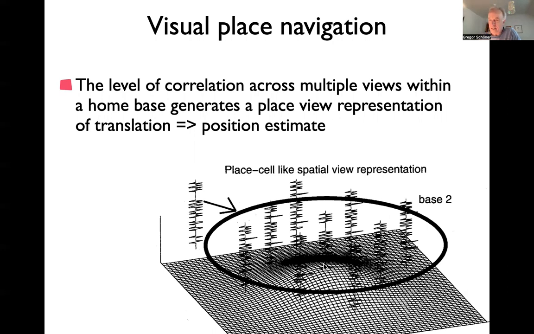I'm glossing a little bit over the details, but you can maybe imagine how that would work. In other words, those views with which you have a very good match, they vote very strongly for the location that they are associated with, like here in the middle, and those views that match a little less well contribute less, so that the amplitude is smaller. And then if you compute the theoretical mean of that by taking the activation into account, then you have the estimate of where you are. That's how we did that.